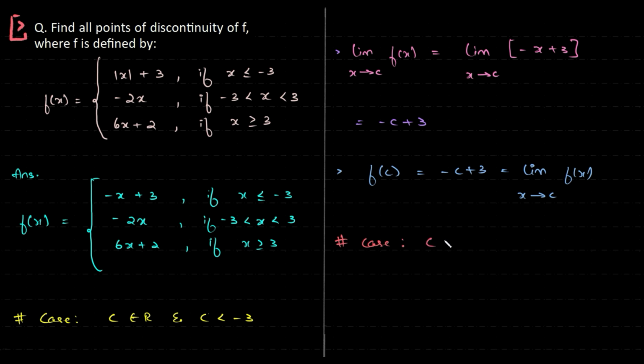So now we will look into values between 3 and minus 3. In this case too, we have a similar set of writing.